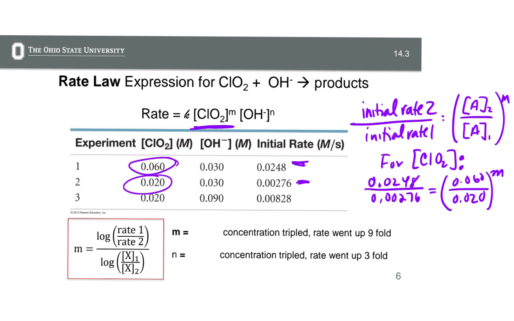Everyone see how we're doing that? When we divide these out, we end up with something close to 9, right?